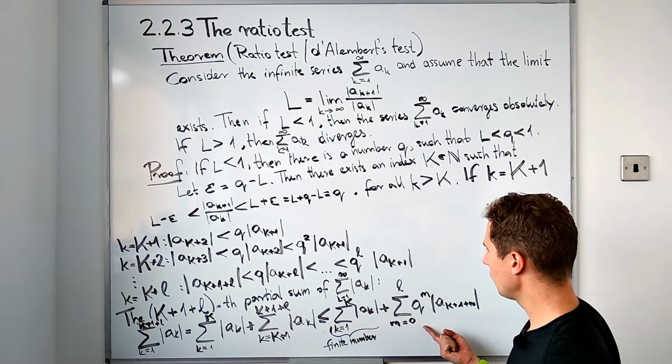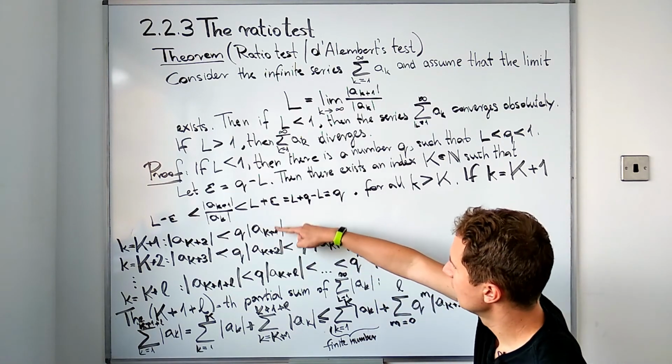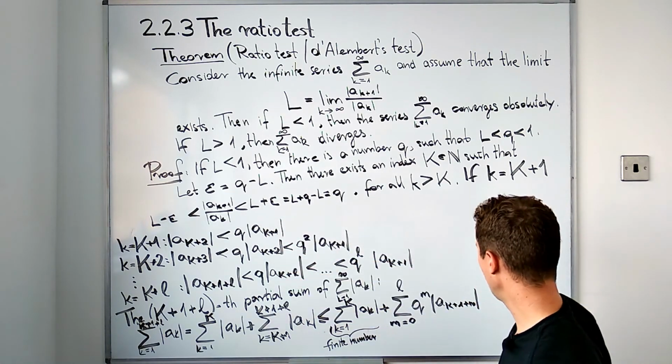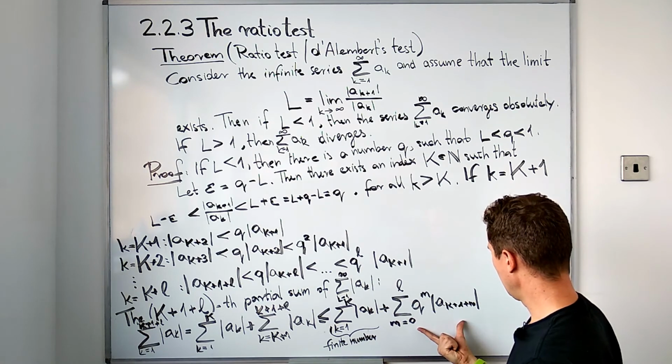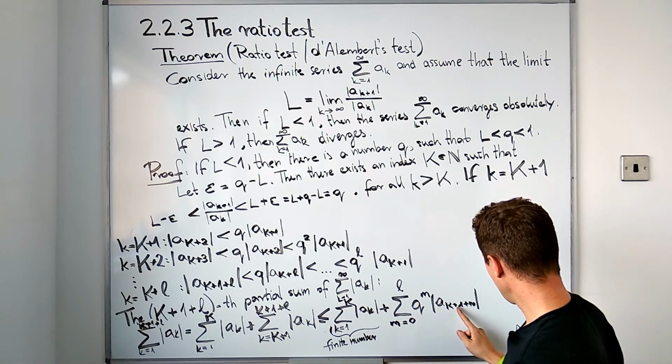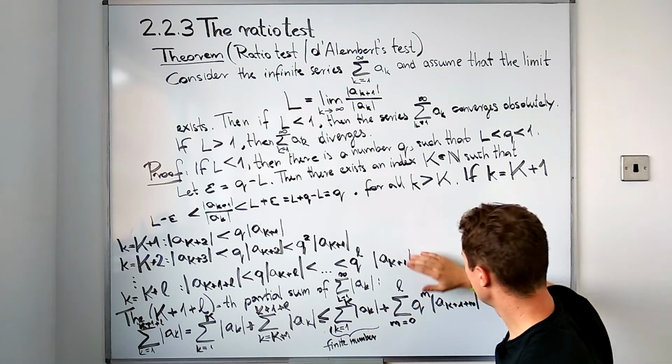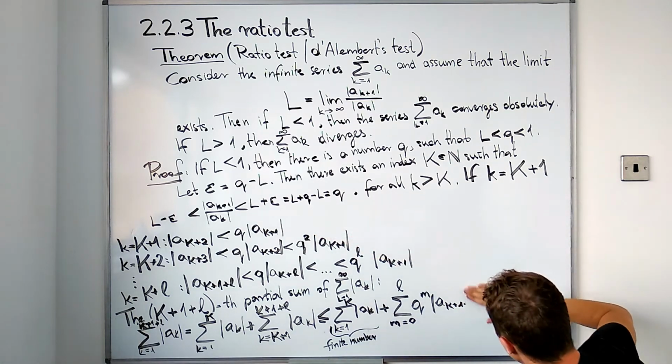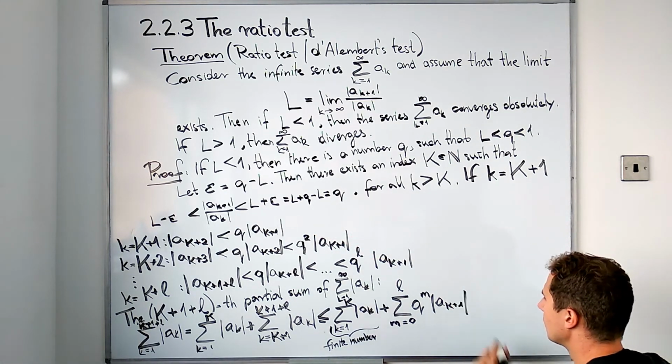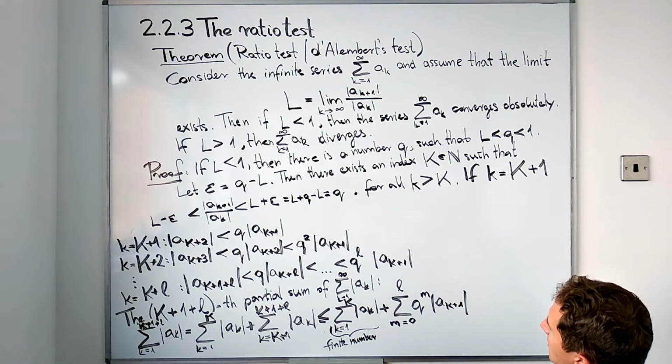Okay, so this is what we have applied here. This set of inequalities was applied here. Of course, I should say that it always goes back to the capital K plus first term, really. So this is the idea here.